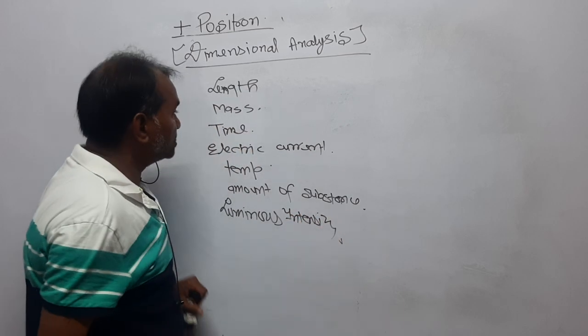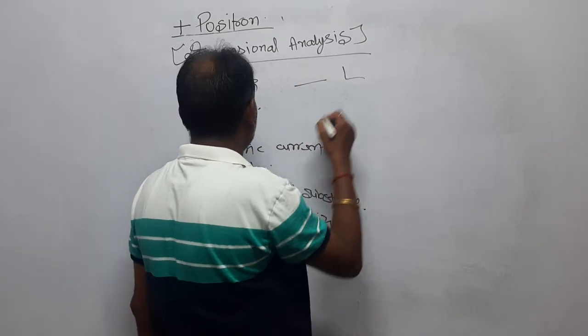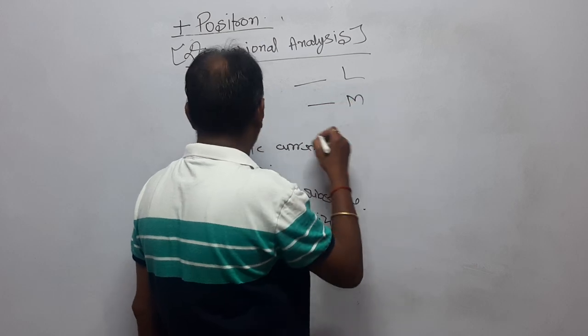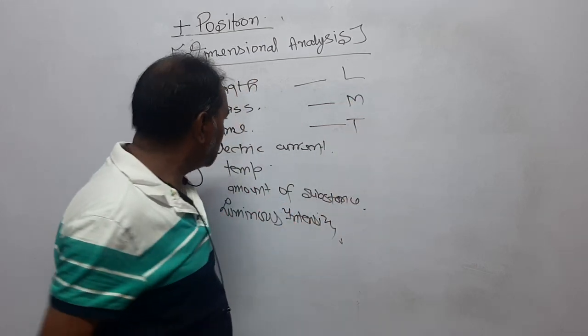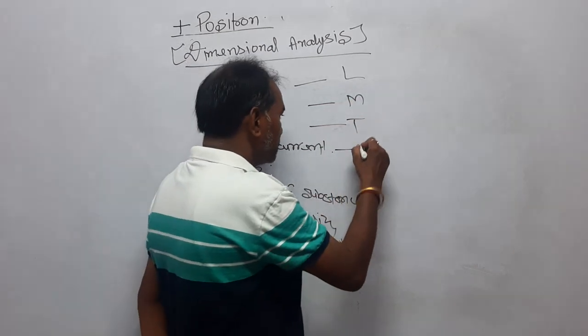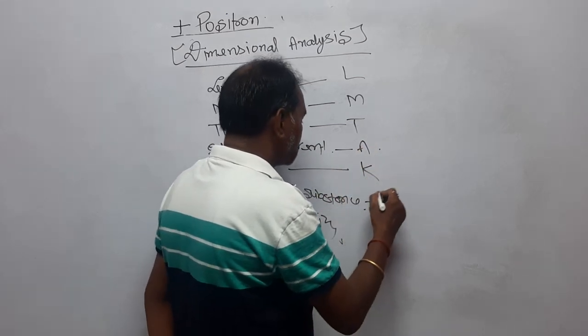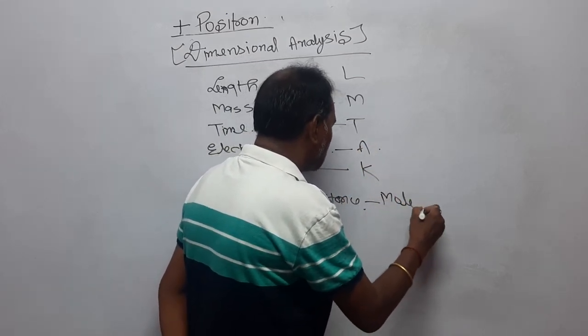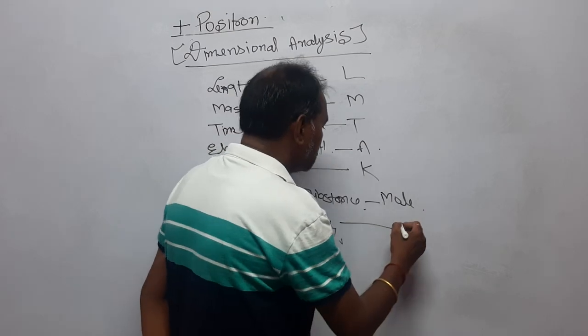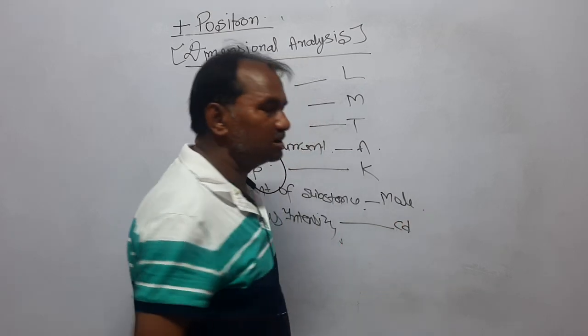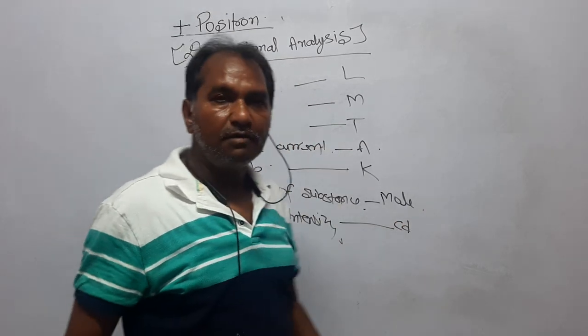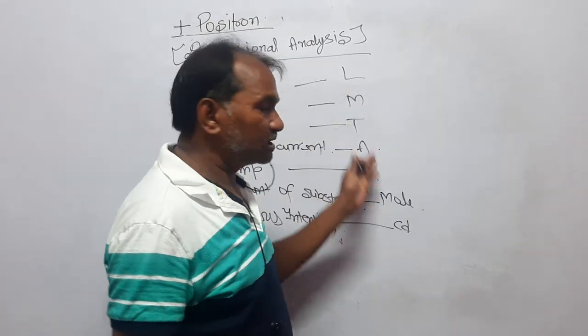Dear students, you must know length is represented by L, mass by capital M, time by capital T, electric current by ampere A, temperature by Kelvin K, amount of substance by mole, and luminous intensity by candela cd. Sometimes we get a bit confused that these are the dimensions.